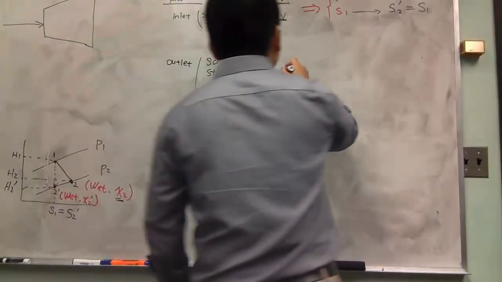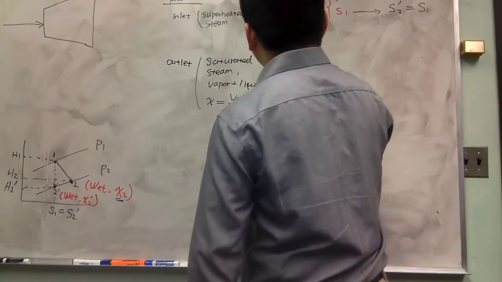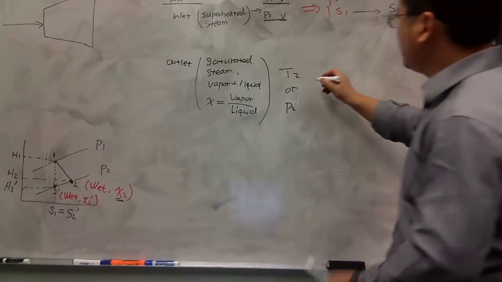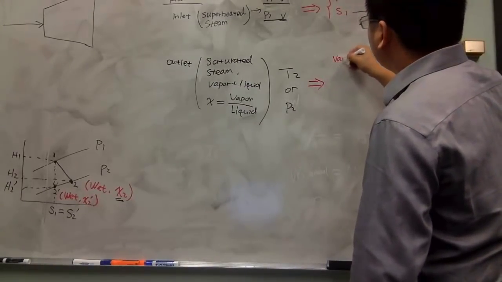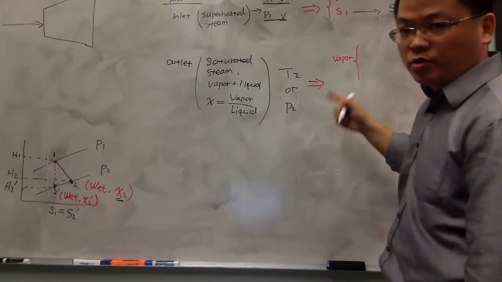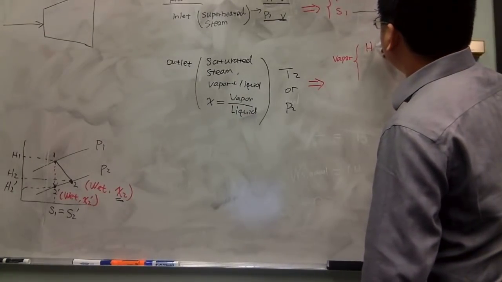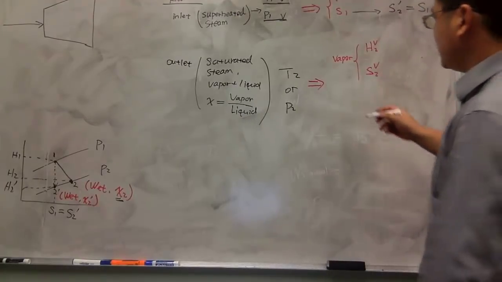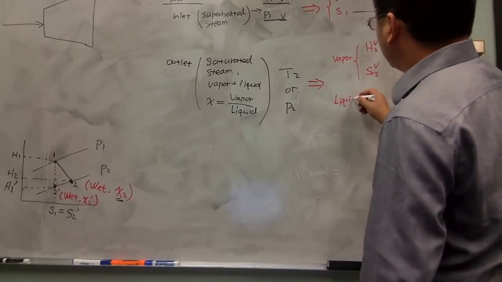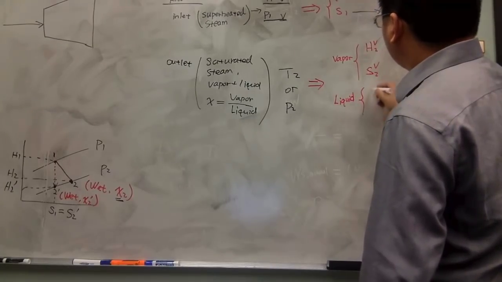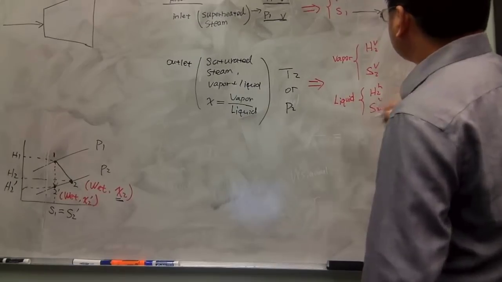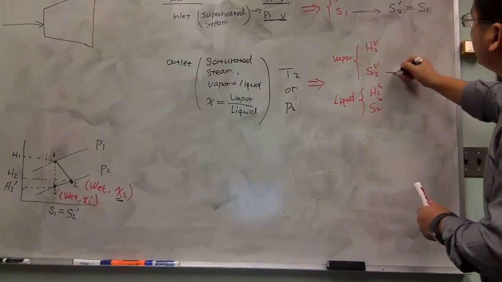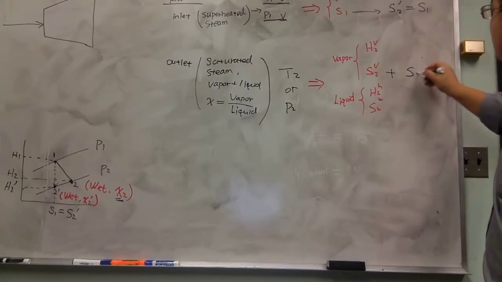So here you would have a T2 or P2. By having T2 or P2, we are going to have the corresponding pure vapor H2V, S2V, and liquid H2L, S2L.